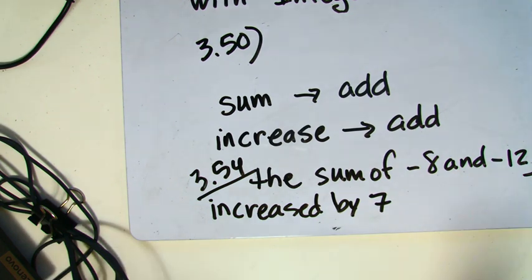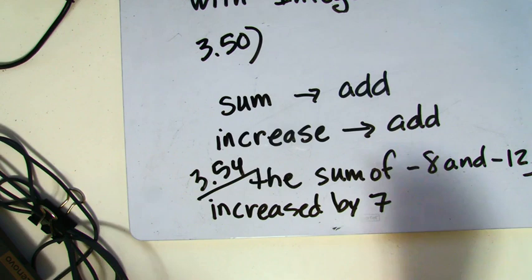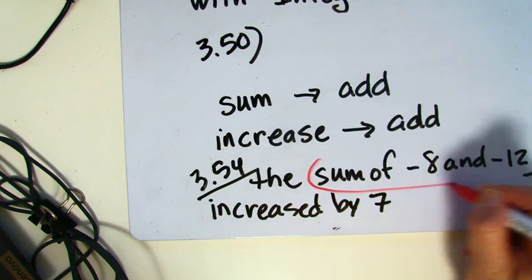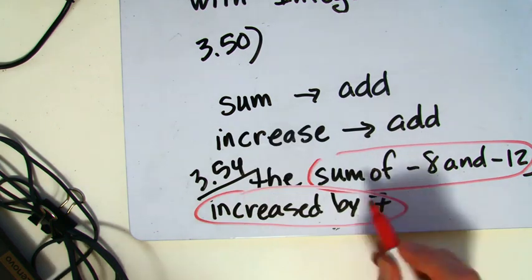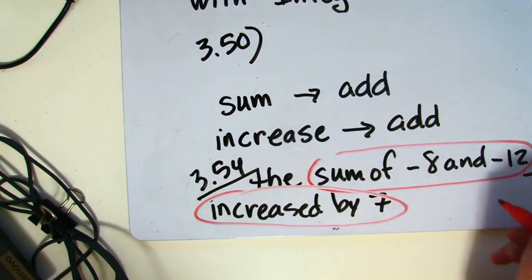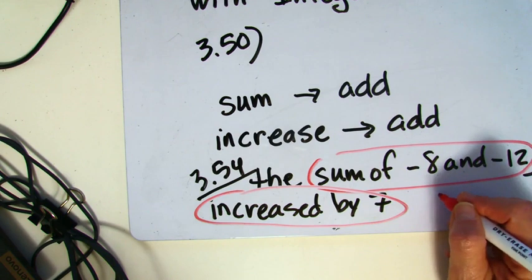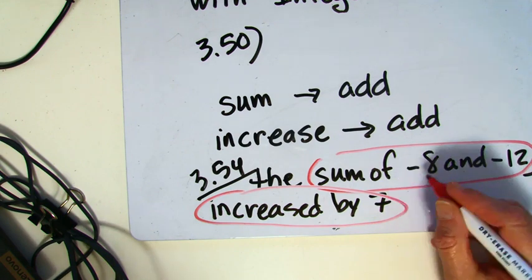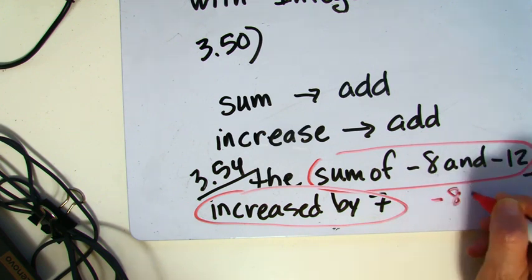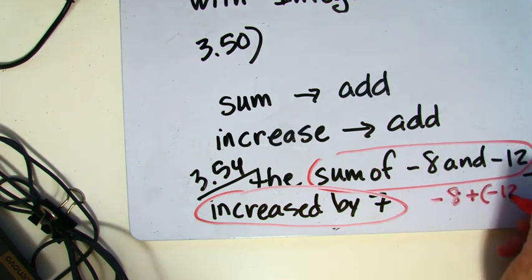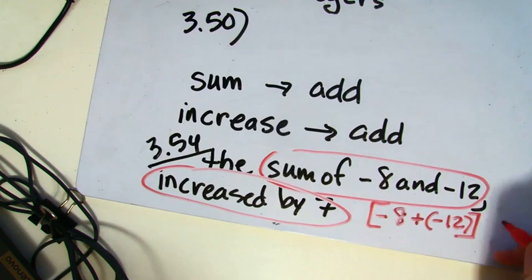How we're going to write that out, we're going to look at it in parts. So this part here, and then this part here. The sum of -8 and -12, a good way to do that, since we're looking at the different parts, we've got -8 plus -12, and we could put that in parentheses or brackets, and then we're going to add to that an increase of 7.